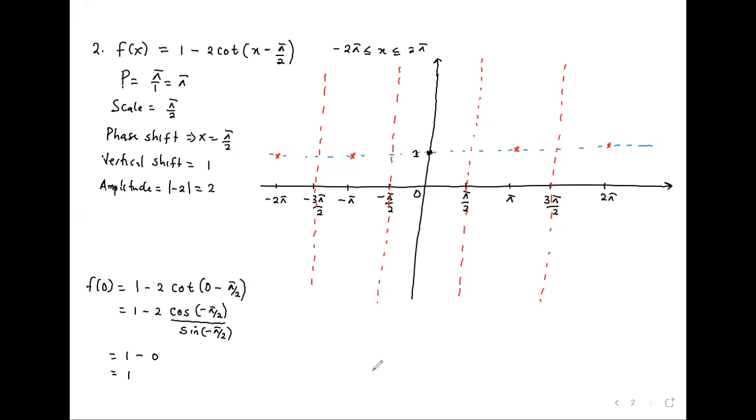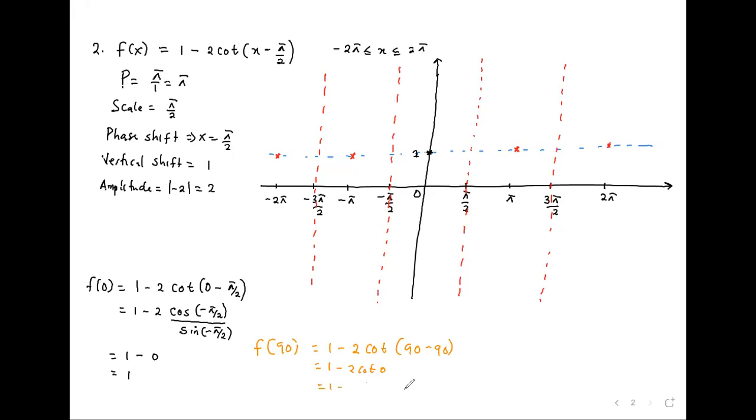So if we try to calculate 490, let's see what we'll get. We'll have 1 minus 2 cot(90 minus 90). This is going to be 1 minus 2 cot 0. But cot 0 is undefined.